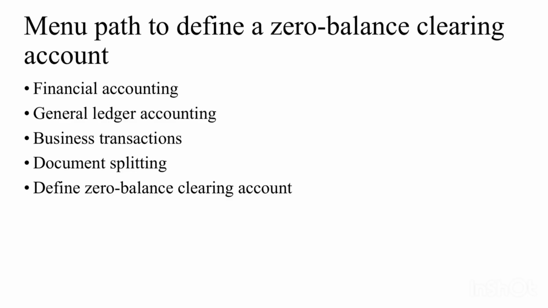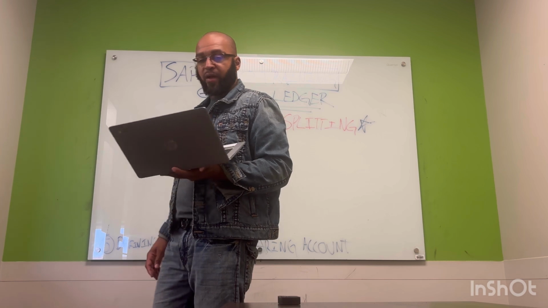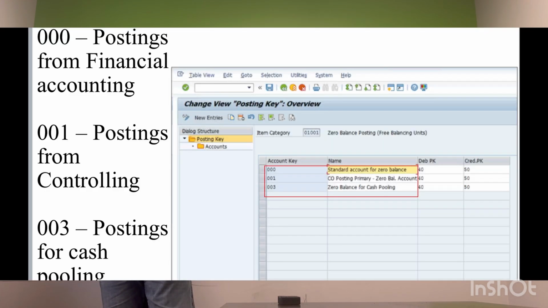The menu path to define a zero balance clearing account: financial accounting, general ledger accounting, business transactions, document splitting, define zero balance clearing account. Okay, so I have the account keys and names highlighted here.